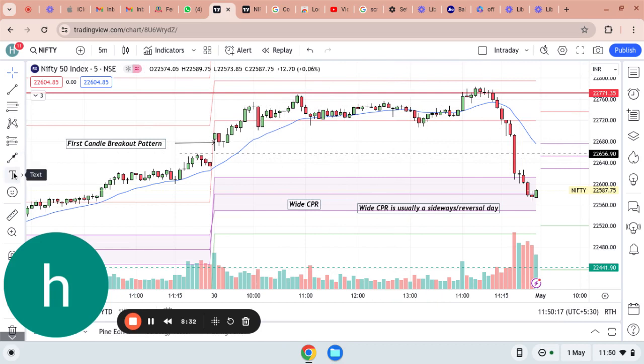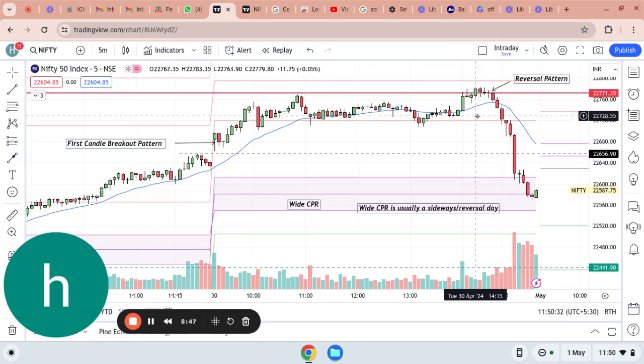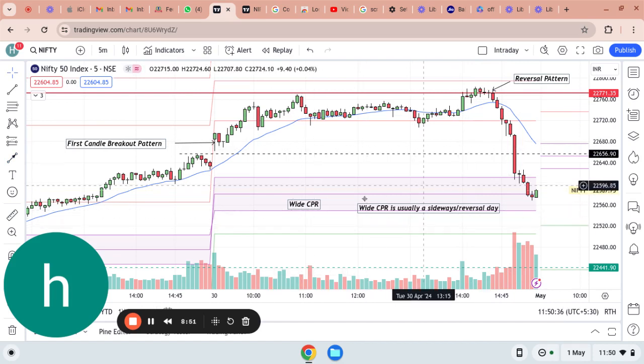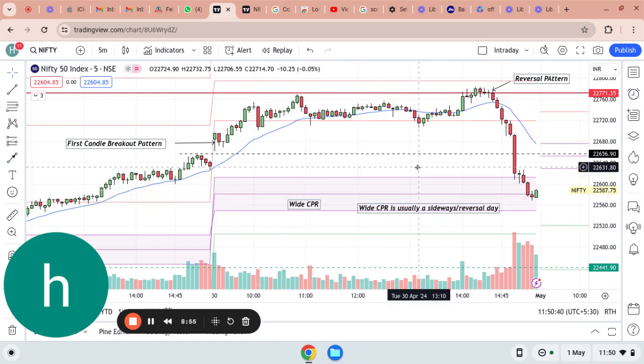I think this can be a reversal pattern. This happens when there is a wide CPR, and usually the professional traders wait for such an opportunity.